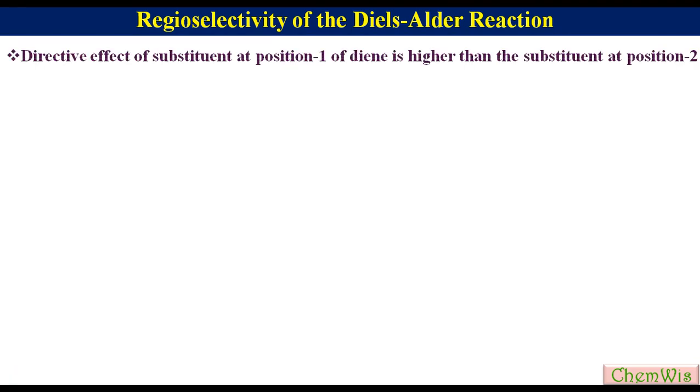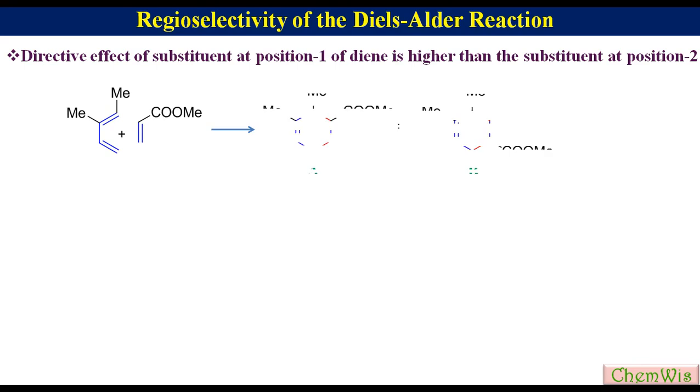Directive effect of substituents at position 1 of diene is higher than the substituent at position 2. For example, methyl penta-1,3-diene reacts with methyl acrylate to produce a mixture of regioisomeric products A and B. Product A, formed by the directive effect of the methyl group at position 1, is 91%, while compound B, formed by the directive effect of methyl at position 2, is only 9%.